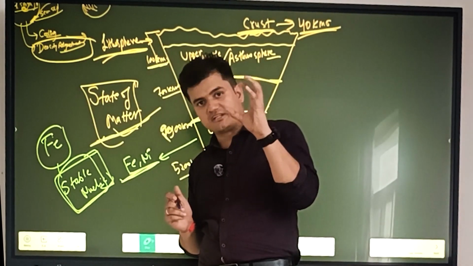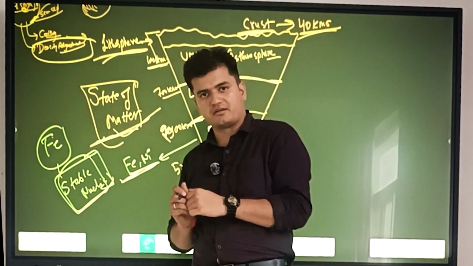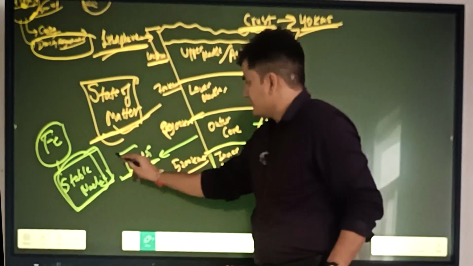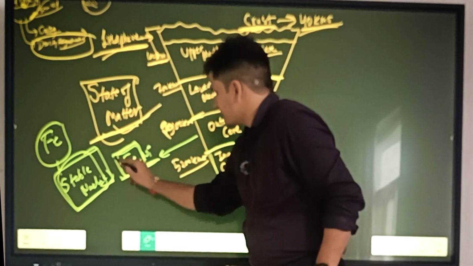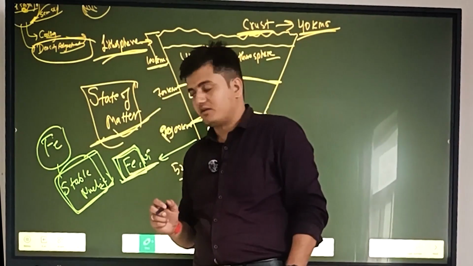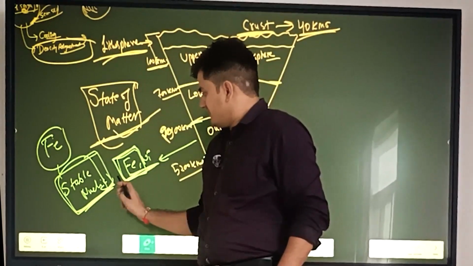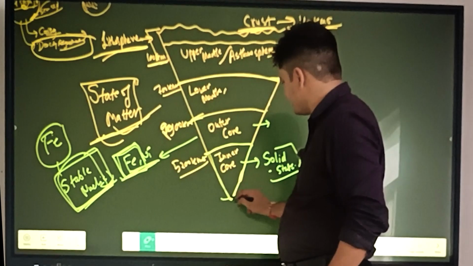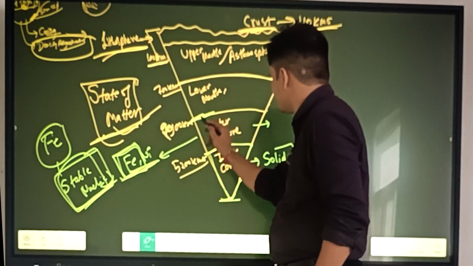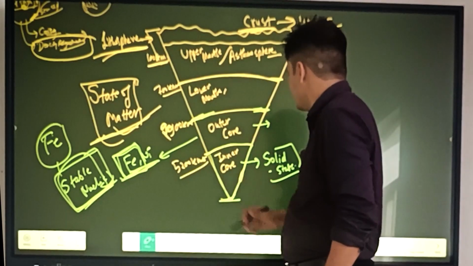Also, the core of stars has the dominance of iron. Iron is the major constituent element inside the core of stars also. So what is the reason behind this? The stable nuclei of the ferrous. So this is why we have ferrous inside the outer core and the inner core.